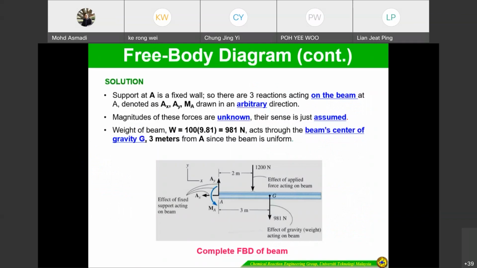Complete free body diagram, including the distance. You have to put this one, fixed support. Okay, big G. 100 times with the weight of the beam is 100, so times G is equal to 981.